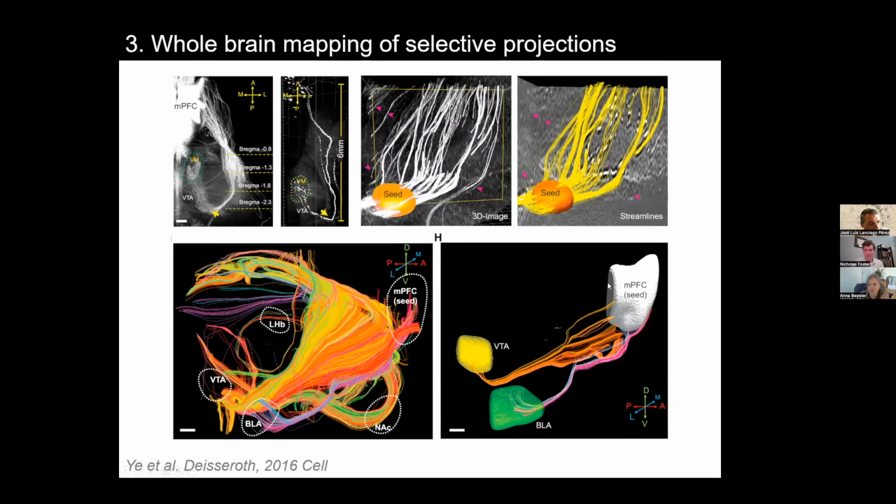And here you have an example of the projection isolated that goes to the ventral tegmental area and the basolateral amygdala. So this is still ongoing and in process. You don't have a software that you can just buy and use. It requires a lot of computational skills and power also. You need a very big computer to run these analyses.